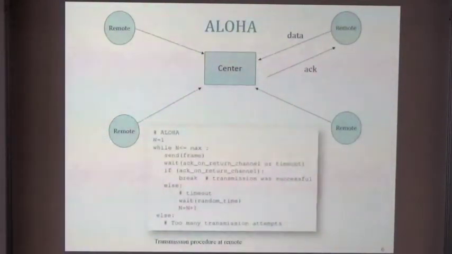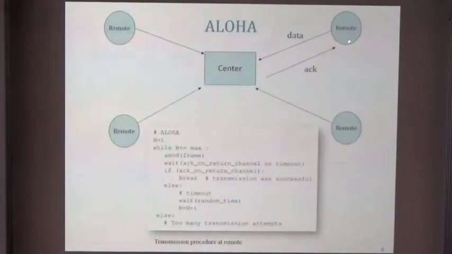But here they wanted to have something fancier, probably, and they decided to make something completely random that works in the following way. The problem is only from the remote to the center, because there is a unique center. Whenever the center sends to someone, we don't need a protocol, because the center sends only one packet at a time. If it has two packets to send, it will serialize them and send them in turn by looking at the destination.